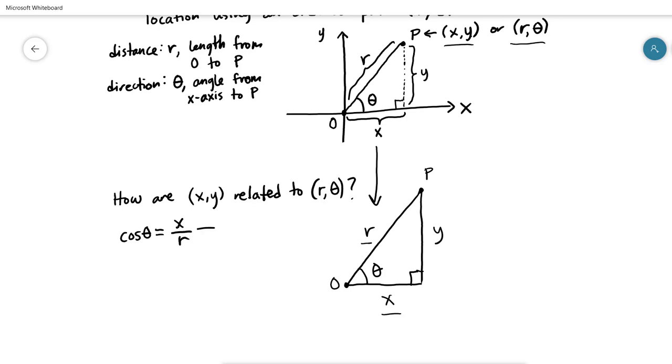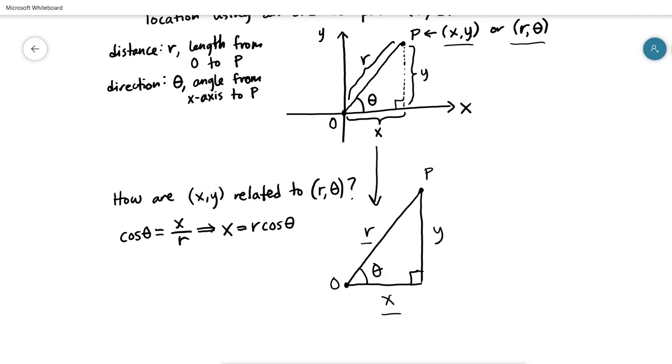I can solve that for x and find out that x is equal to r cosine of theta. We've already talked about this relationship. We've drawn this triangle a million times before, back when we talked about the unit circle. The only difference was, instead of having r here, we had a 1 here because it was a unit circle. So now we're actually treating it as an r.